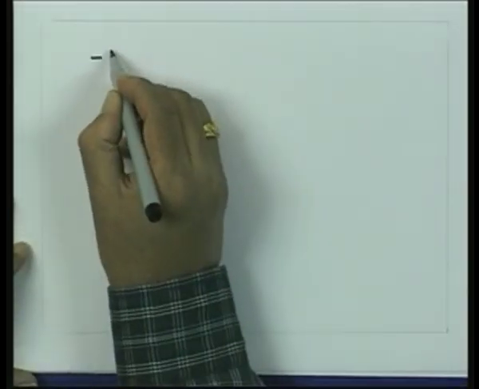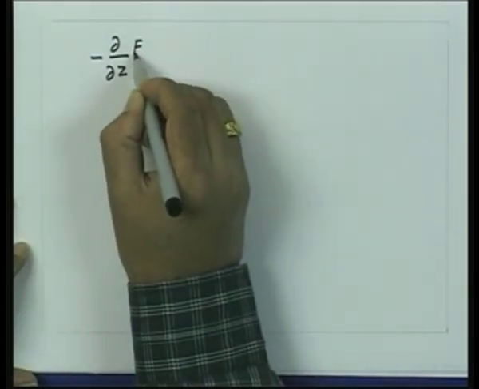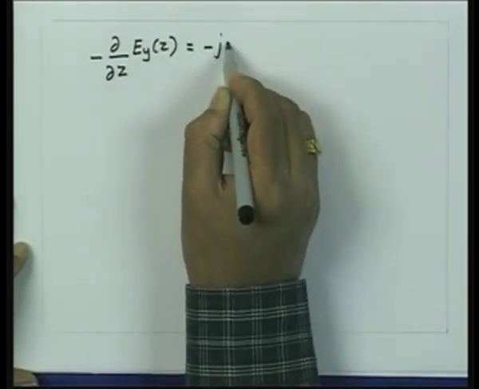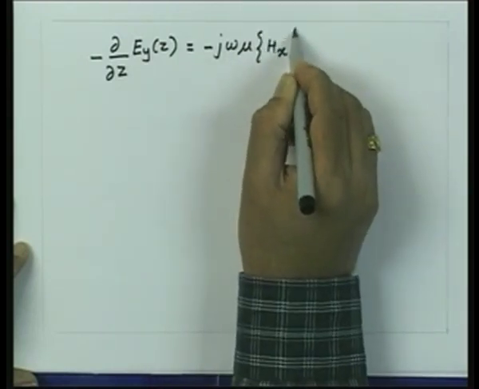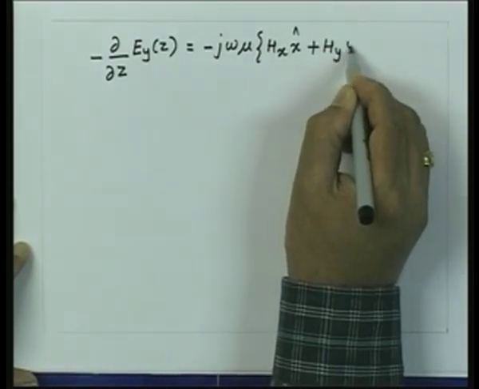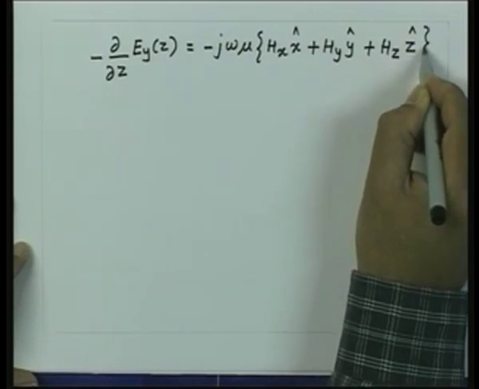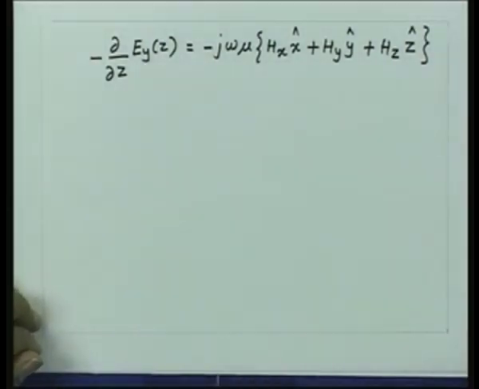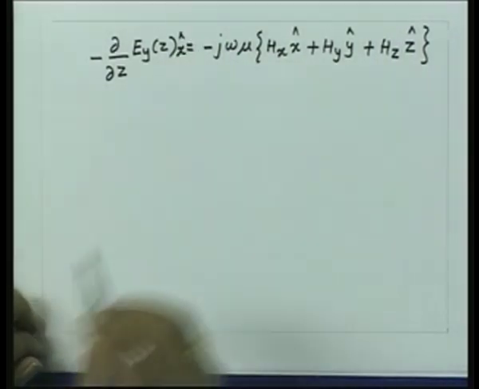So, that will give me minus d by dz of Ey as a function of z, that will be equal to minus j omega mu into hx x plus hy y plus hz z. Again what we will see here is that this component is now the x component.